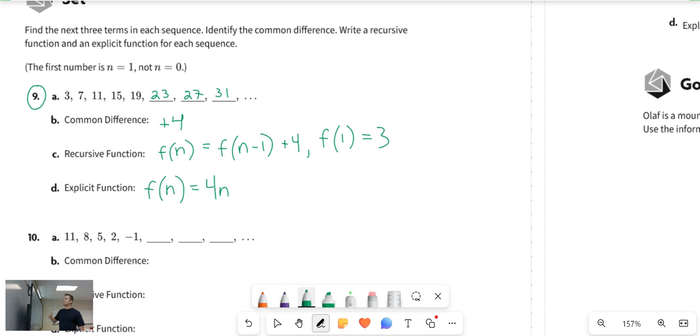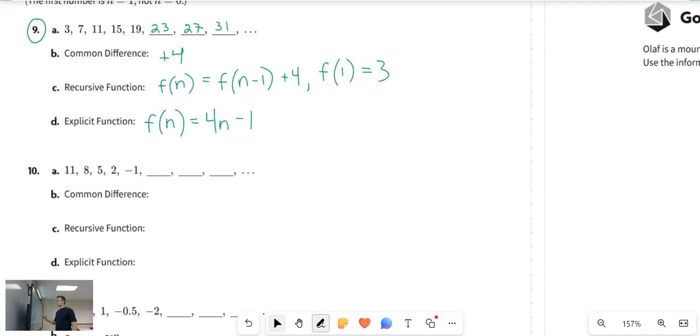Well, if our first step takes us to 3, and that's 4 higher than the actual starting value, then we should have -1 as our start point, because then if we add 4 for our first step, we actually get just 3. All right, so that'll work. That's our explicit function.